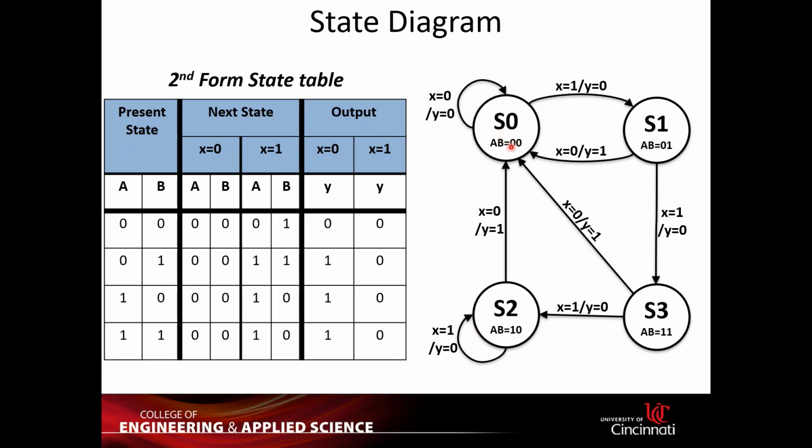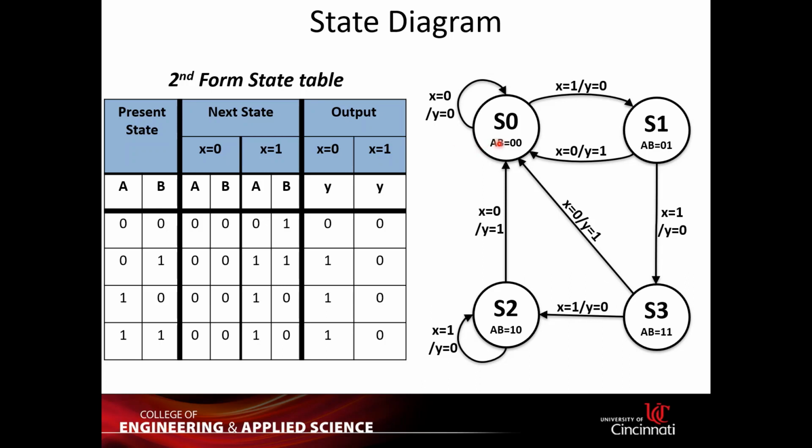Each state bubble represents one state with a certain combination of A and B. So S0 is AB equals 0, 0, S1 is AB equals 0, 1, S2 is AB equals 1, 0, and S3 is AB equals 1, 1. So let's examine this state table and figure out how to complete the state diagram.